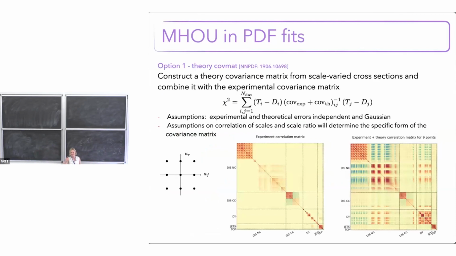Okay, so there are three proposals so far that came out in the past 2 or 3 years for how to include missing higher order uncertainties in a PDF fit. Remember that we include a huge number of processes, and each of them has their own renormalization scale, which is process dependent. The factorization scale, you might argue that it's the same for all processes because the PDFs all evolve the same.